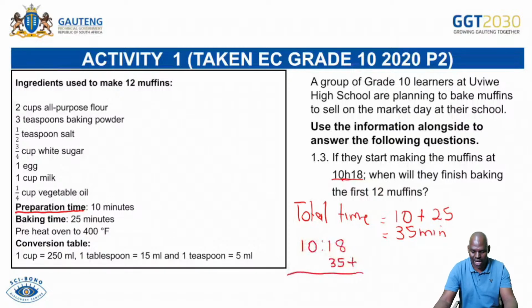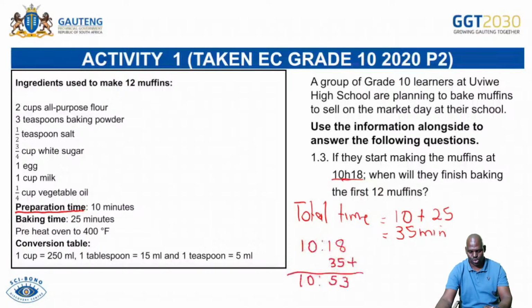From 10:18, we add 35. Then 8 plus 5 gives us 13. Then we carry 1, then 1 plus 3 is 4, then we get 5, and then it's going to be 10:53.